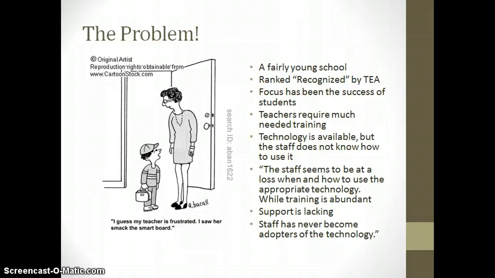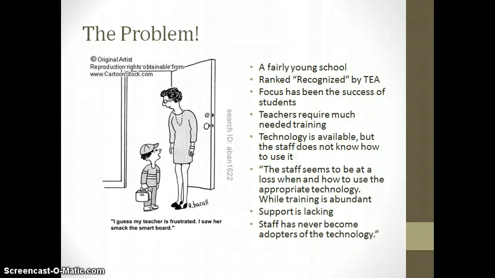Okay, so getting back to our school. The school first opened its doors in August of 2008, so it's fairly a young school. The school has been recognized by the Texas Education Agency for the 2008 through 2012 years for achievements on standardized tests. So this gives you some background on the immediate success of the school in a short amount of time.